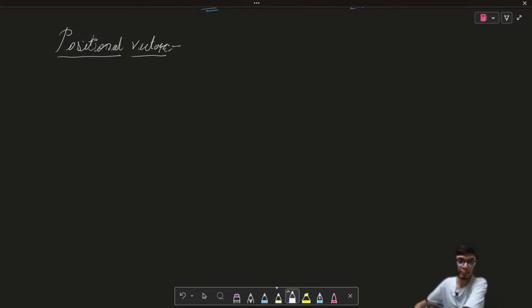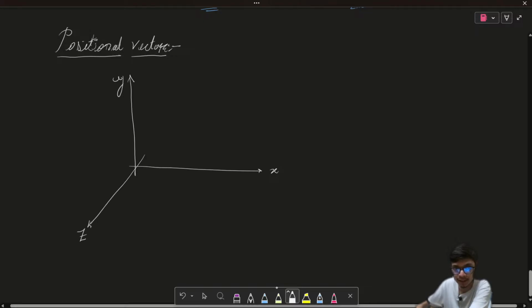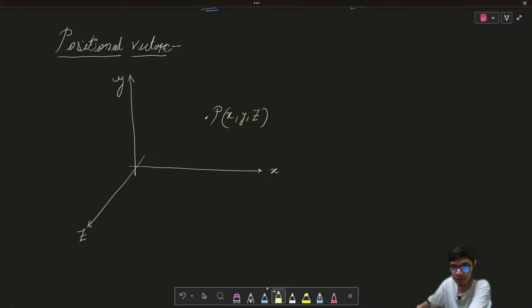If you recall my previous discussion, if I have my coordinate axis like this, if this is my x, this is my y, and this is my z axis like this over here, any point on this coordinate axis will definitely have an ordered tuple, that is x comma y comma z, right?